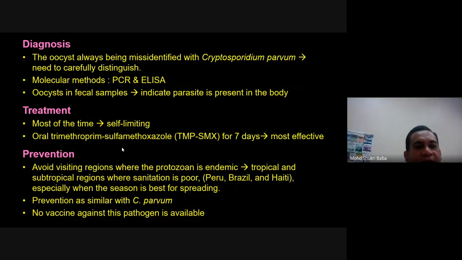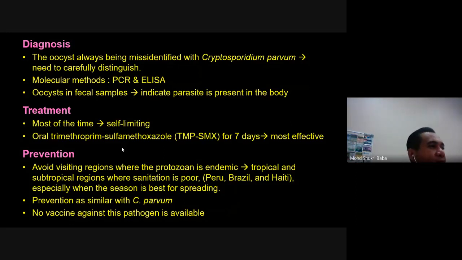Prevention macam saya kata sama saja dengan yang lain. So basically you need to avoid visiting regions where the protozoan is endemic, tropical and subtropical, such as Peru, Brazil, and also Haiti. Especially when the season is best for spreading. Biasanya Cyclospora ni boleh berlaku selepas banjir.